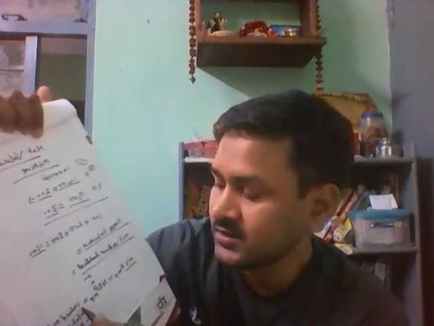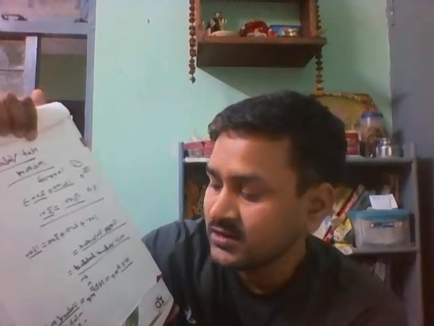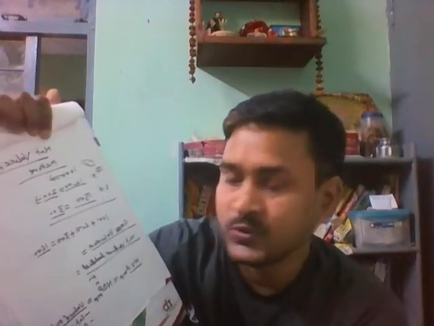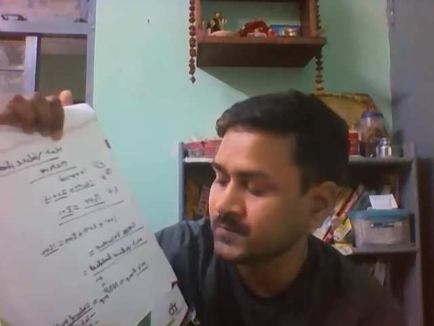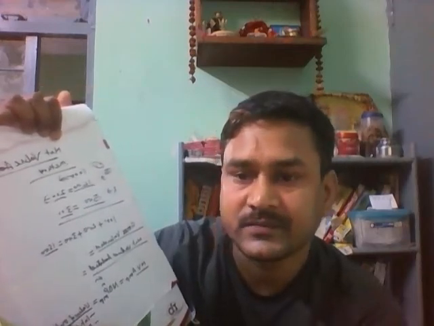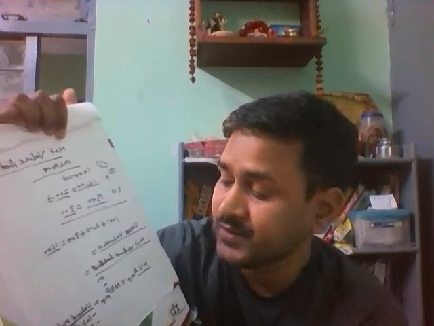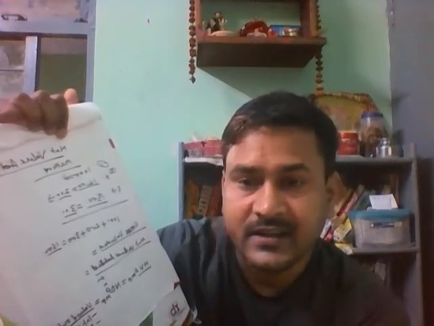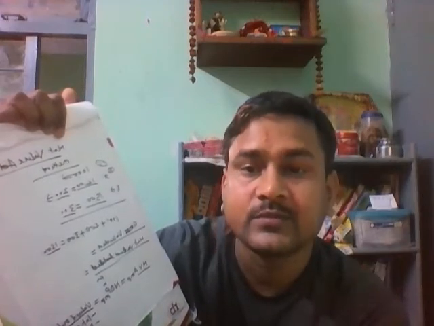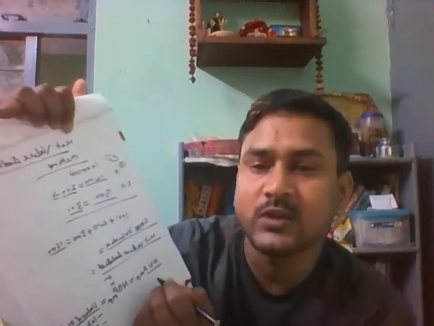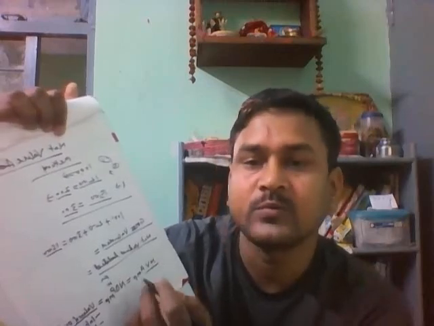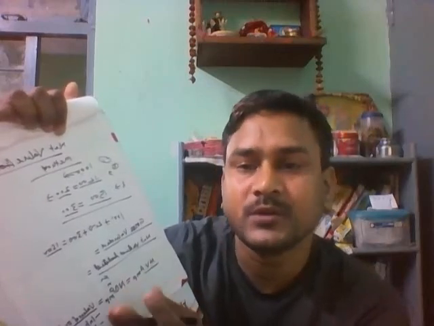Here the value of output is either given clearly or we have to find it out. Value of output means the price of whatever final goods and services are produced.